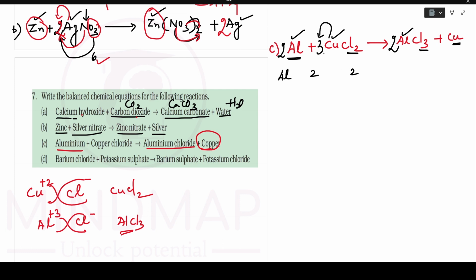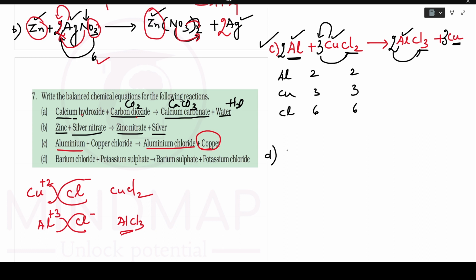Copper here is 3, and on this side it's only 1, so let's write 3 here. So 3 and 3. Now let's check chlorine. Chlorine here is 2 3s are 6, and here also 2 3s are 6. Hence our equation is balanced.